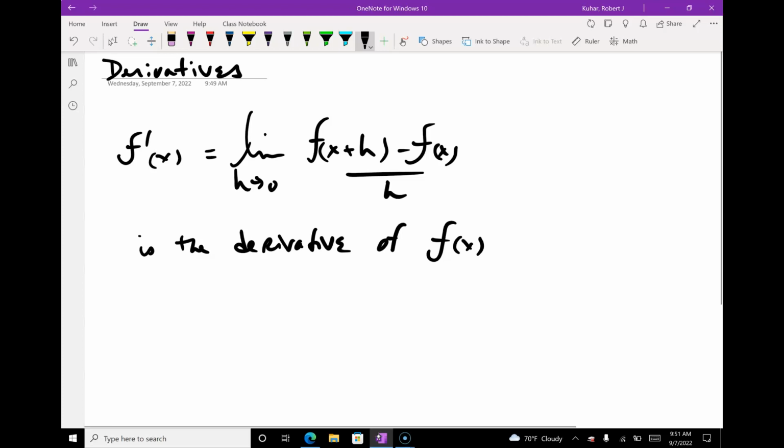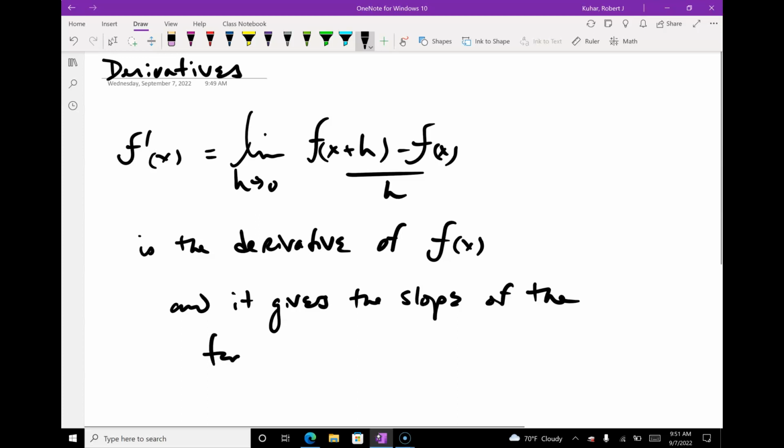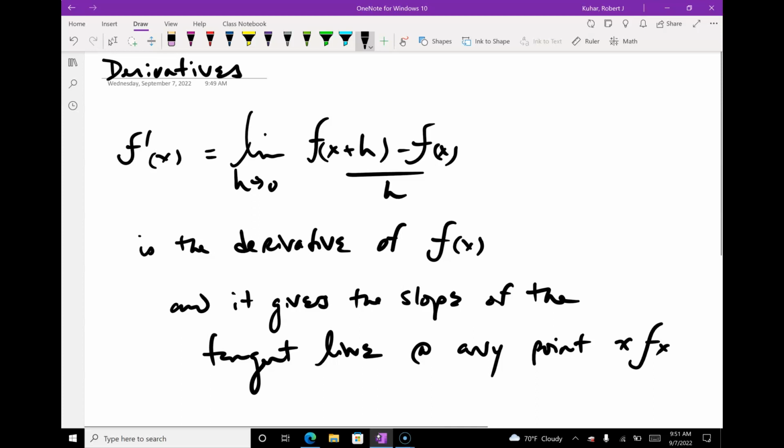If it exists, of course, it has to exist. The limit has to exist. And it gives the slope of the tangent line at any point x, f of x.